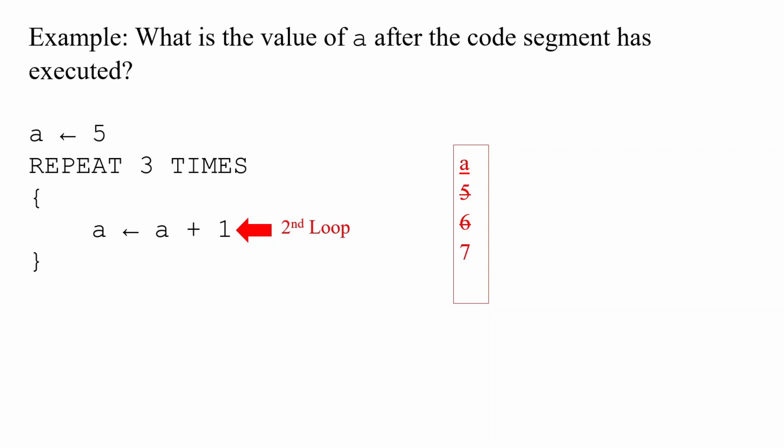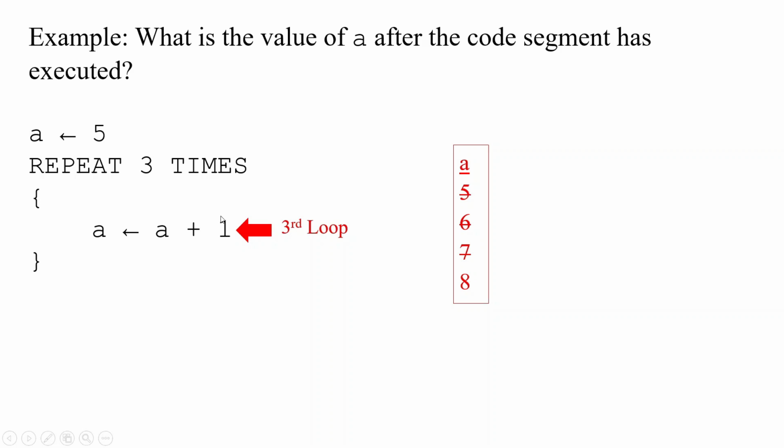That was the first loop through. The second time through, I take the current value of A, which would have been 6, add 1 to get 7. That was the second time through. Then the third time through, I take 7, add 1 to get 8, and then 8 becomes my value of A. That's me repeating that line of code 3 times, and I am done.